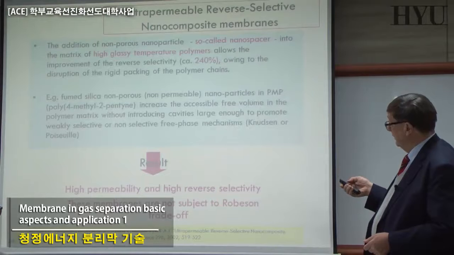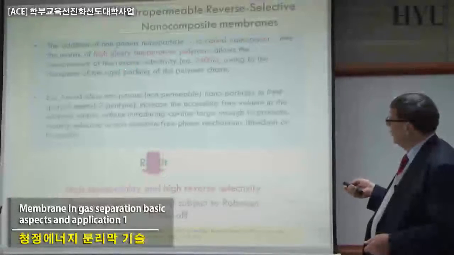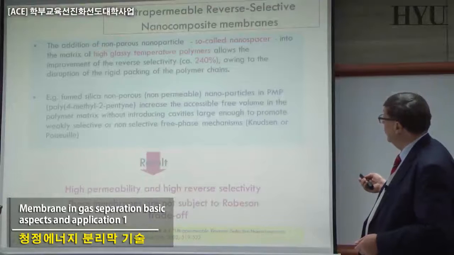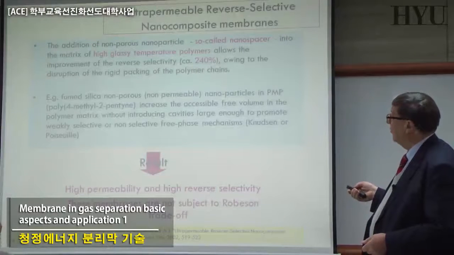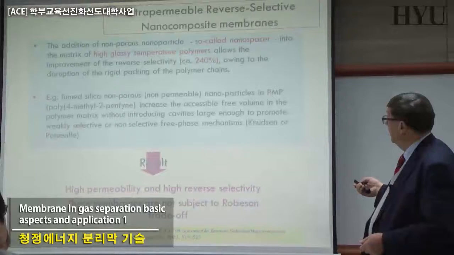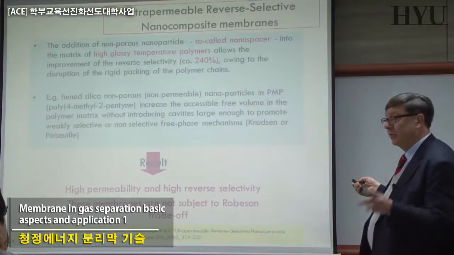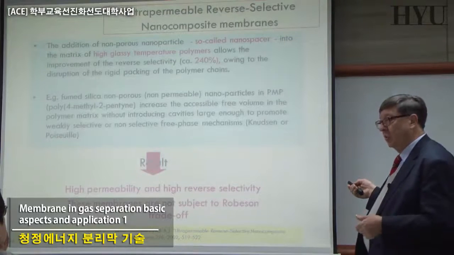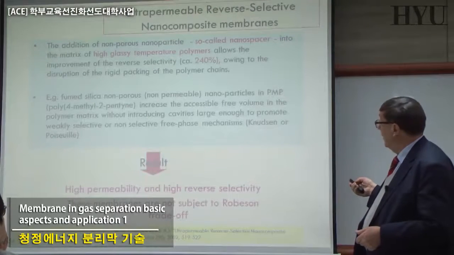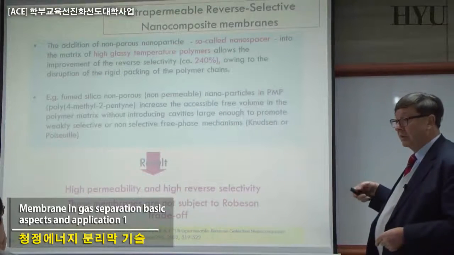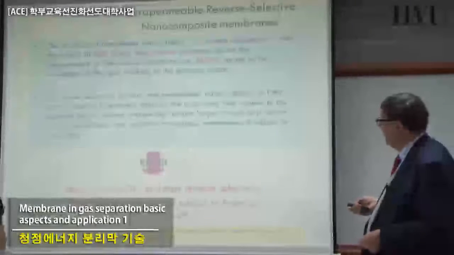Basically, what you can do is add non-porous particles, this nano spacer, in a matrix of high glass transition temperature polymers, and you can improve the selectivity by an order of magnitude, 240 in some good cases. And that is also a function of the percent of this nanoparticle that you add to the system.